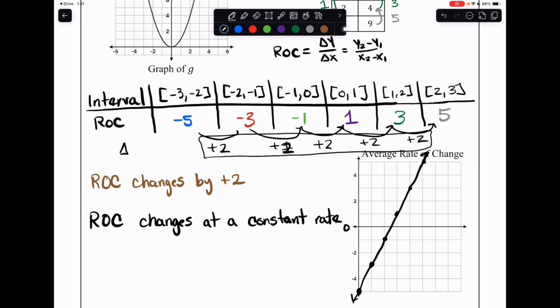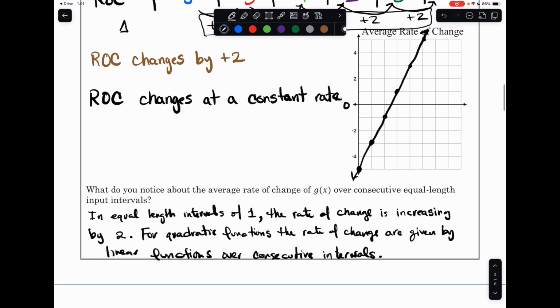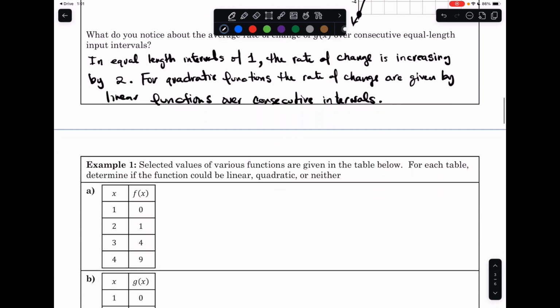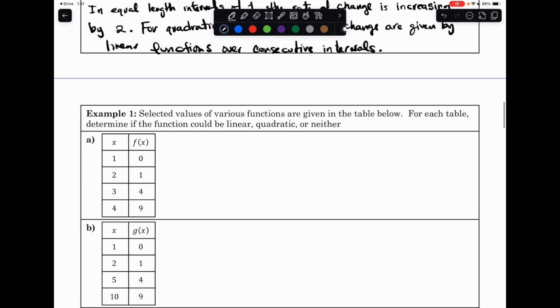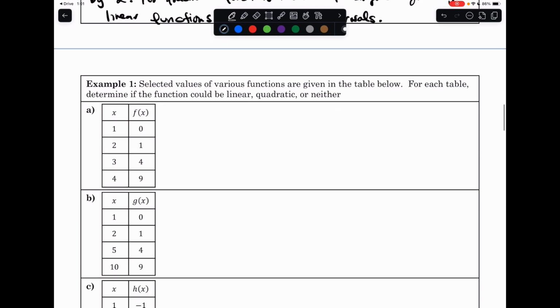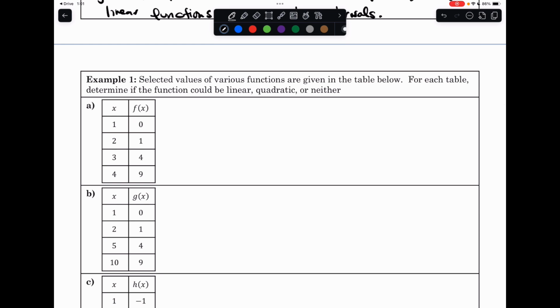Now, how do we use this? Well, the way we're going to use this understanding is, if we're given a table of values, to classify whether the table represents a linear or a quadratic function. So for example, right here, we're going to create a horizontal table.